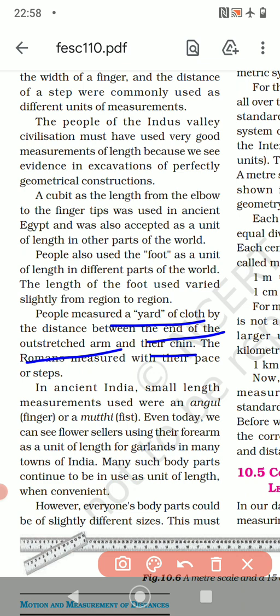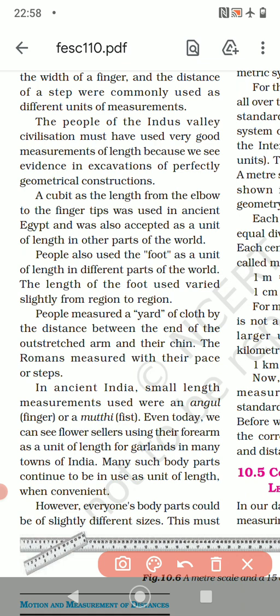And Romans measured with their pace or steps. How did the Romans measure? They measured with their pace or steps, 1 step, 2 steps, like this. In ancient India, small lengths were measured as an angul, that is 4 fingers, or mutti, a fist.